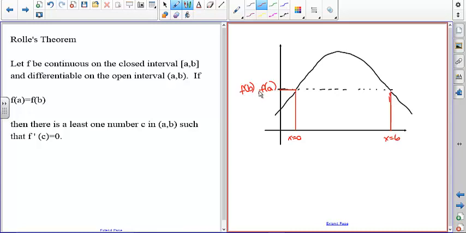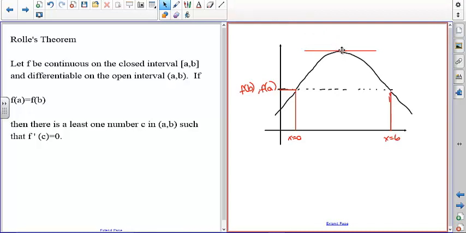So it's not just two arbitrary points, it's two specific points where the value of the function at the first value of x is equal to the value of the function at the second value of x. And what it says is that somewhere in between the slope has to be equal to 0. So you can see that happens if I draw a horizontal line and I just bring it down to the curve.